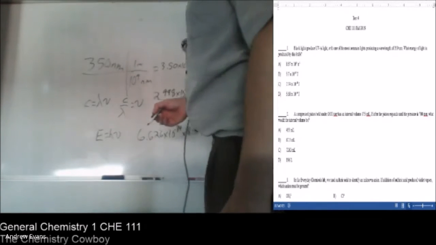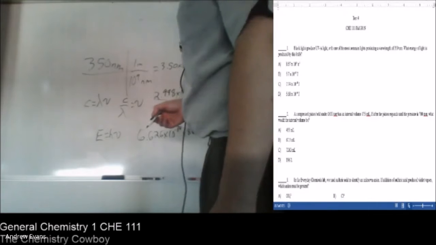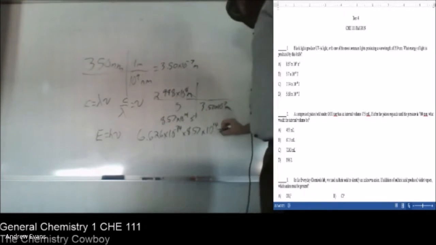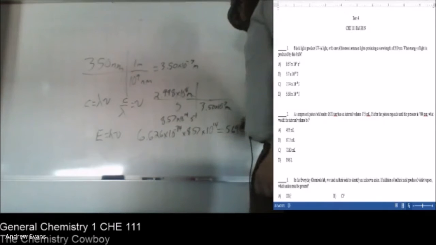You do that, you get 5.68 times 10 to the negative 19th joules.